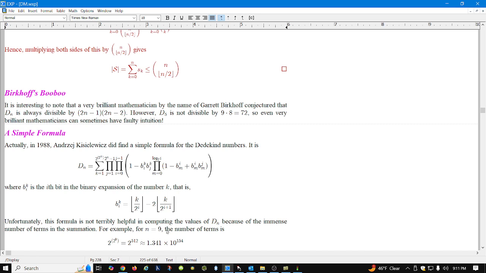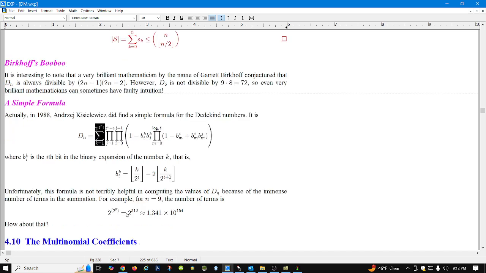For n equals 9, if you plug that in here, the number of terms in this summation is 2 to the 512, which is roughly 1.341 followed by 154 zeros.